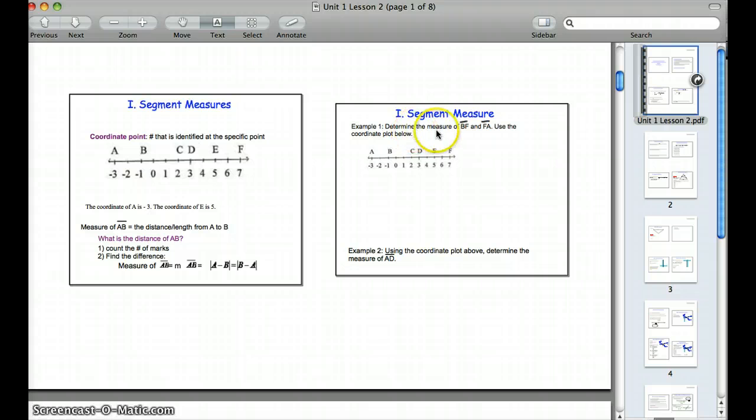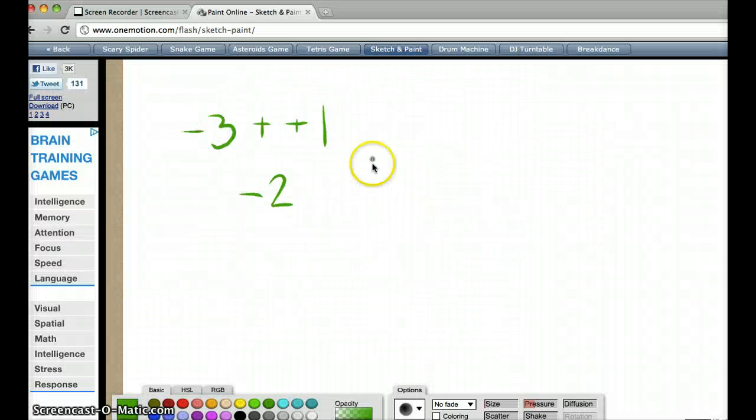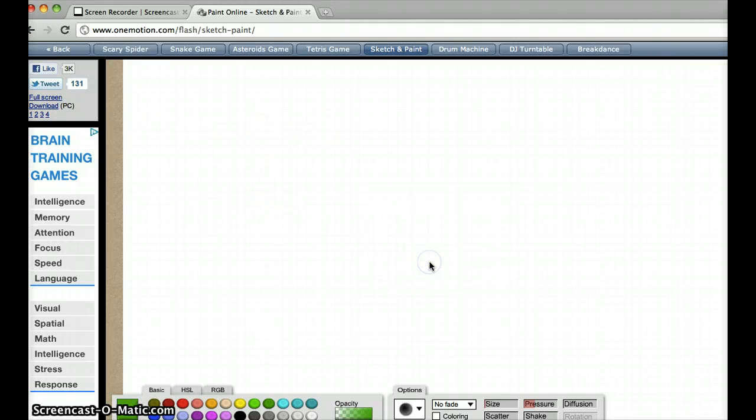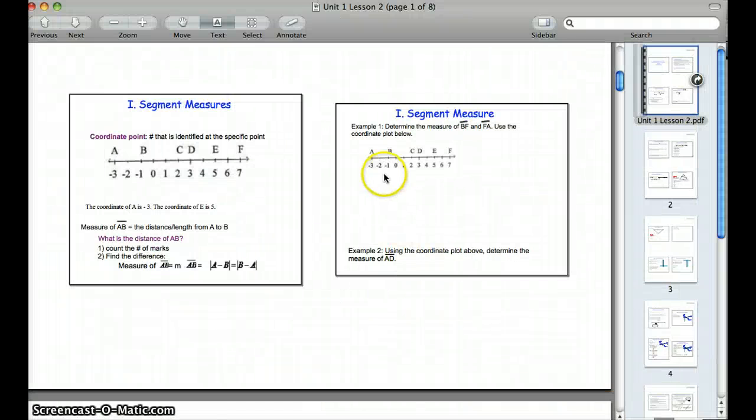Okay, now it says determine the measure of BF, so here we go, B to F and F to A. Use the coordinate plot below. So let's figure it out. We've got B and F, so B to F, -1 minus 7. Coordinate B is at -1 and coordinate F is 7. So -1 minus 7.